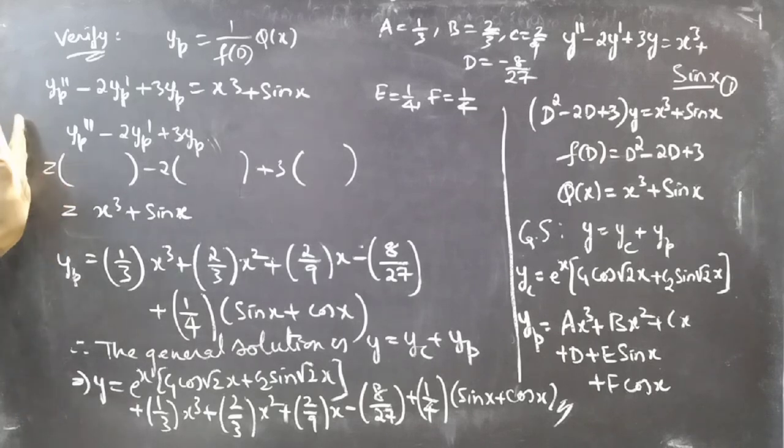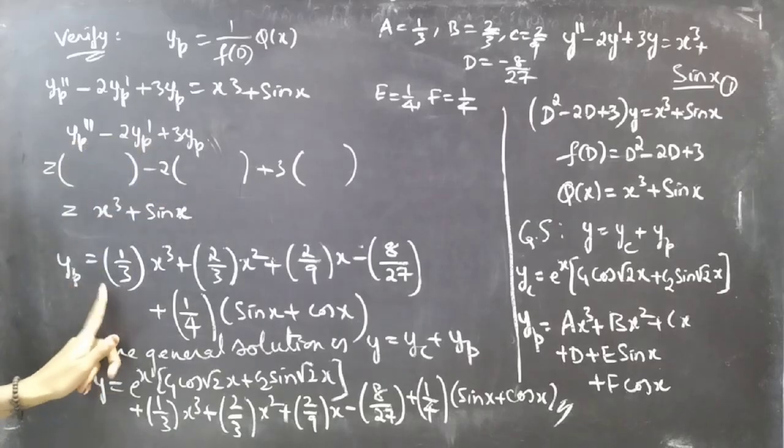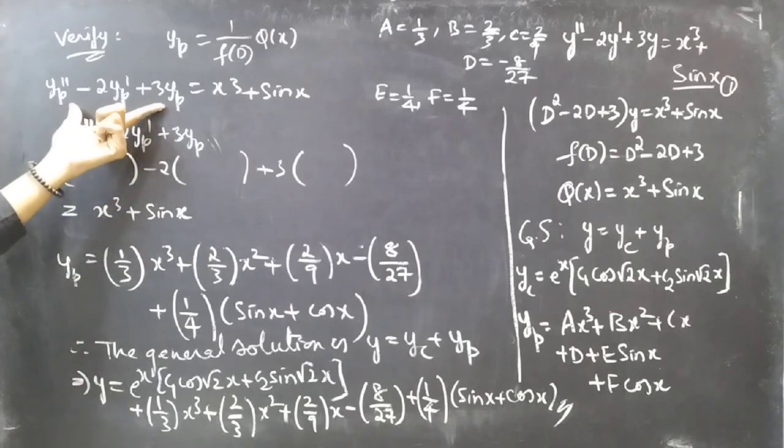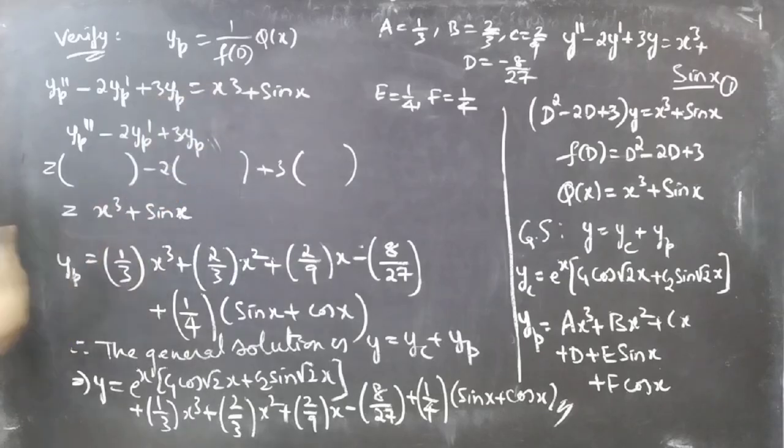So this is a verification process. Okay, if you want, you can check it out. Find yp double dash and yp dash with the help of this yp and substitute in LHS part of this formula. Finally, you should get x cube plus sin x. Fine.